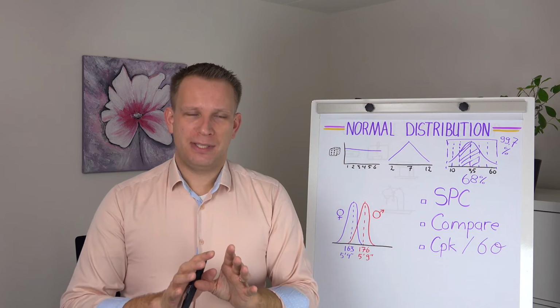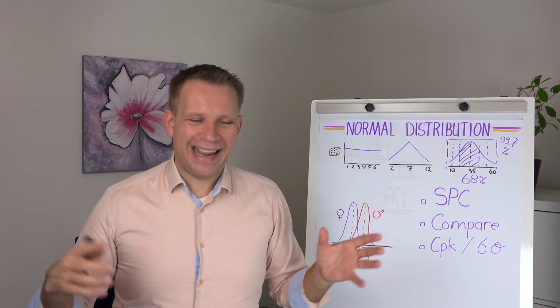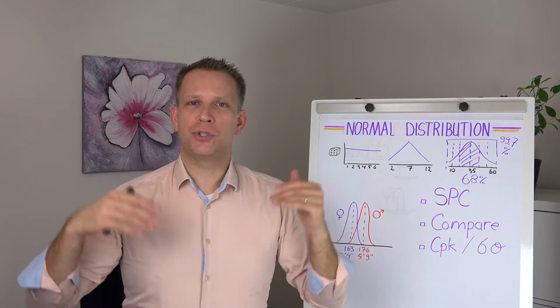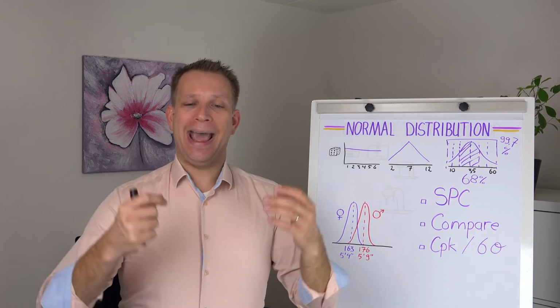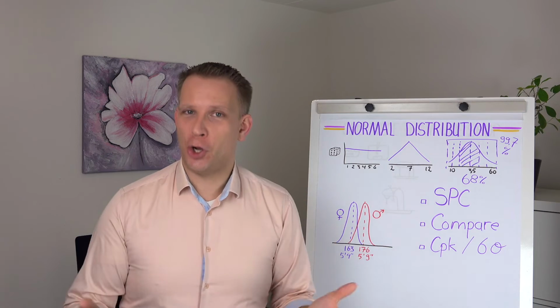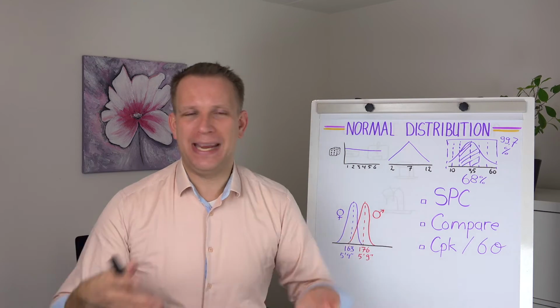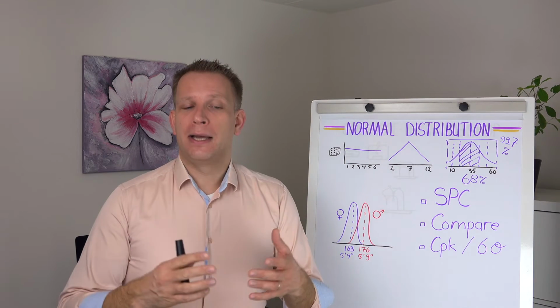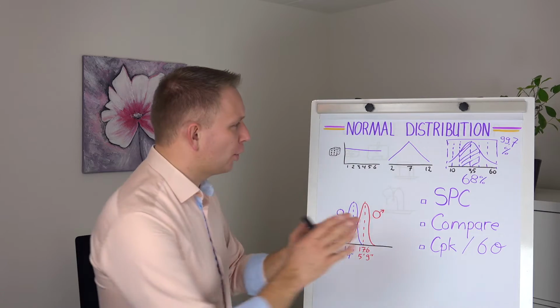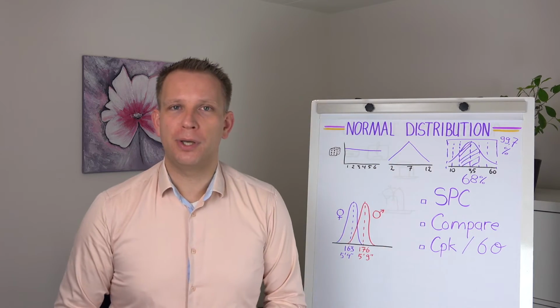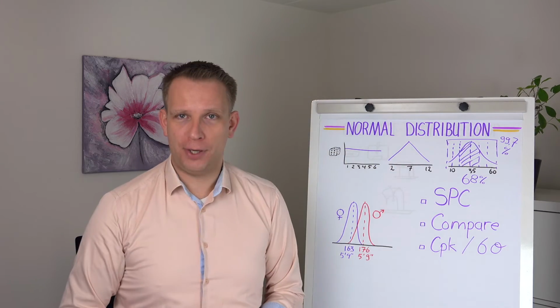Your processes, they all have their own physics, but they all have loads and loads of sources of variation. And as long as those are common cause variations, so they happen the whole day to every product, then they will cause a normal distribution to happen in the output products.